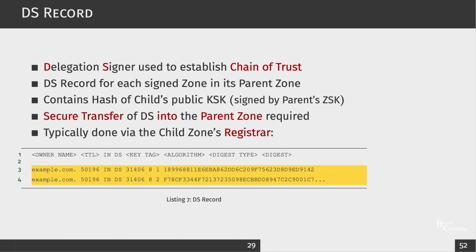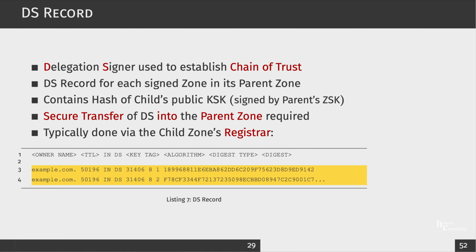So this is stored in the parent zone, and this contains a hash value of the public portion of the key signing key. So the key signing key is the one that we used to sign our zone signing key, and a hash value of this one is stored in the parent zone.